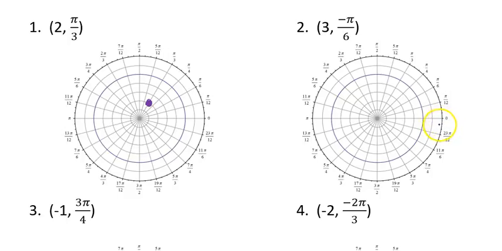And we've done lots of trig in this class, so you know if you go backwards pi over 6, you would land at 11 pi over 6, what we see here. The negative pi over 6 is the same location as 11 pi over 6. And we're on the third circle out. So 1, 2, 3, and at 11 pi over 6, we're going to put a point.